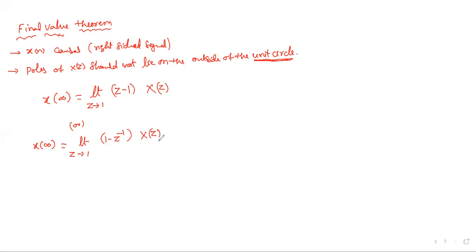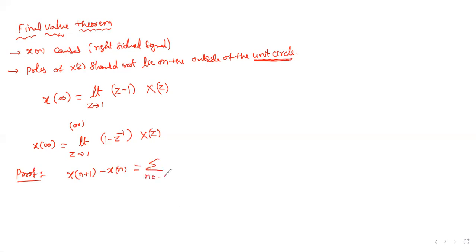Before that we need to prove this one, right? So now I will write the proof. Now consider two signals, x of n plus 1 minus x of n. What is the Z transform?